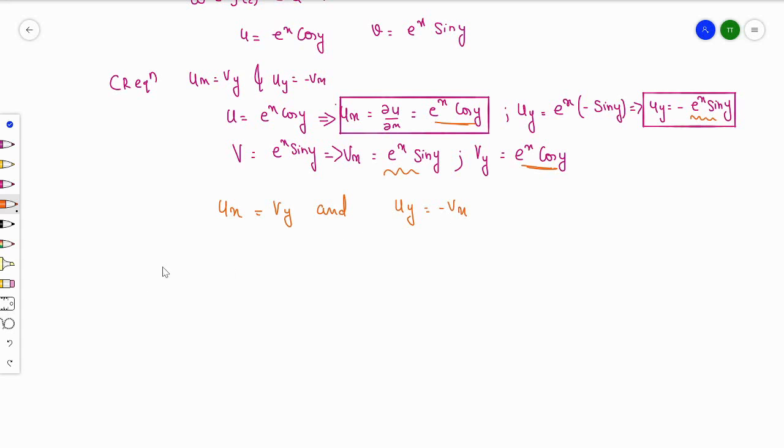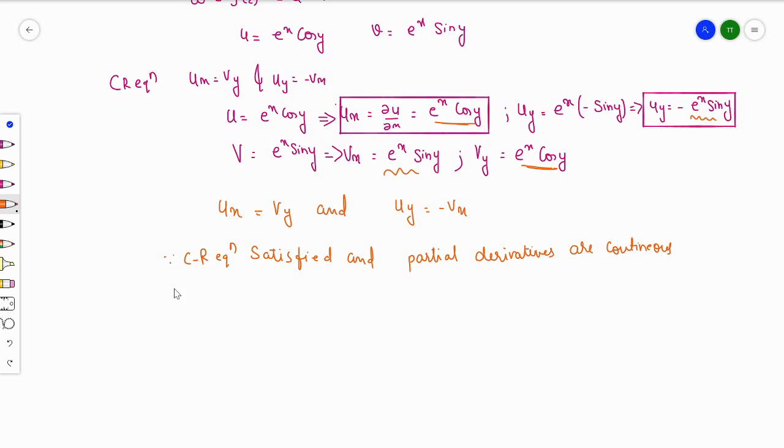So we can say that the CR equation is satisfied and the partial derivatives are continuous.